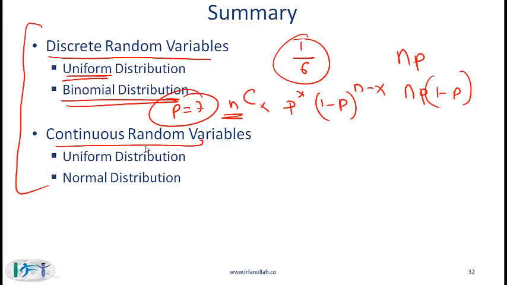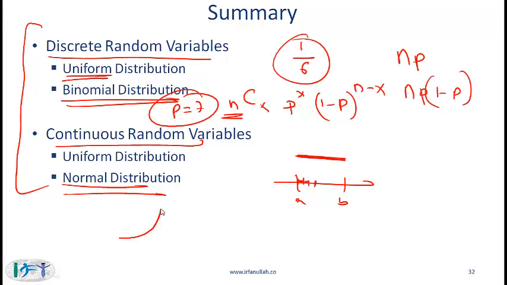Then we moved on to continuous random variables. So here we are simply saying that between a bound of A and B, a continuous random variable can take on a value, and the probability of being within any small range is the same as long as this distance is the same. And then we spent a fair amount of time on the normal distribution.